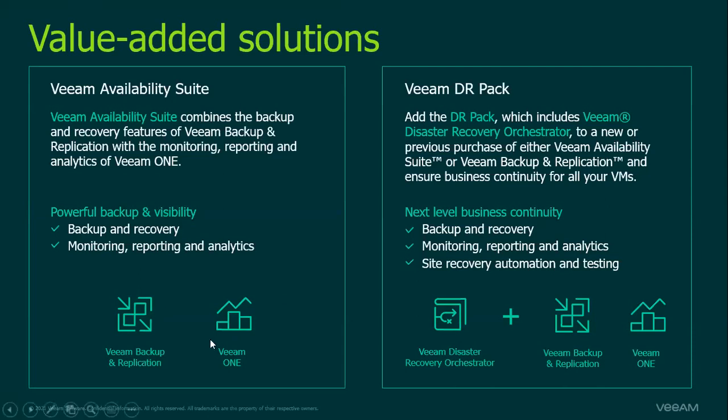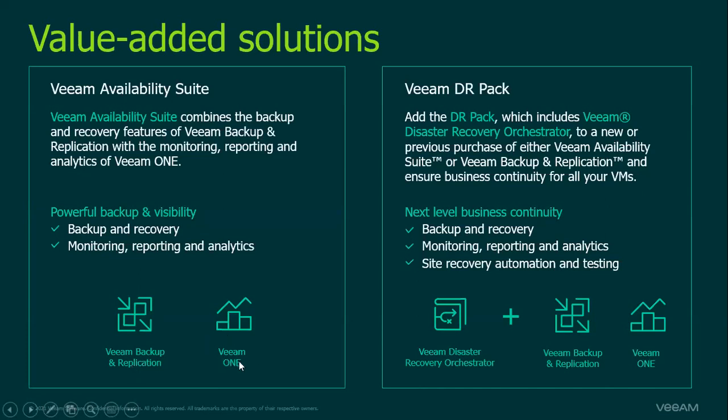It has around 200 inbuilt reports, which help with forecasting, capacity planning, analytics of your environment, and many other reports and dashboards which you can see using Veeam ONE, right? If I combine both products, it is called Veeam Availability Suite. And if you don't need monitoring and analytics, you can buy only Veeam Backup & Replication.